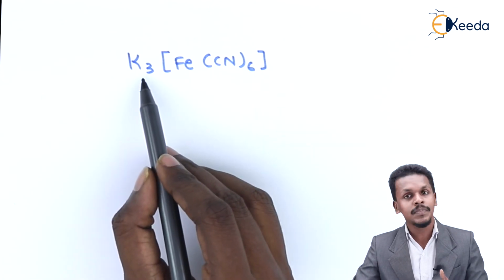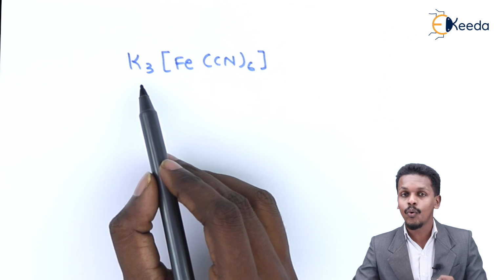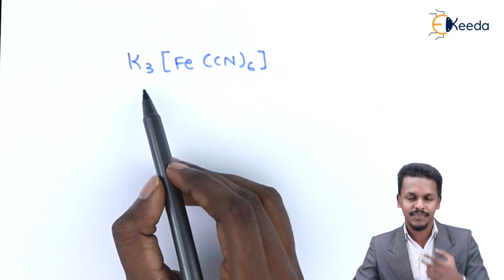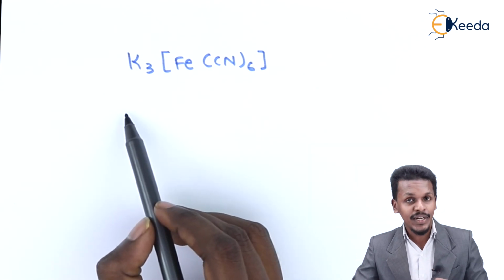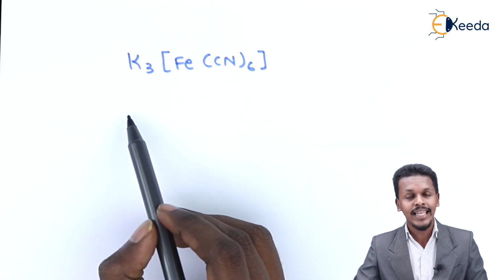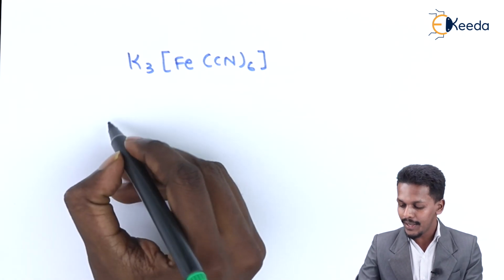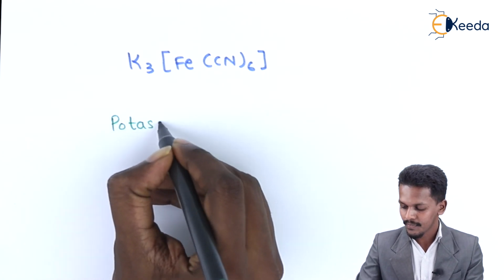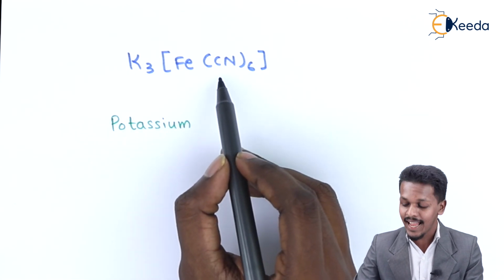But the potassium ions are 3 in number, but we have to give only one name, that is potassium only. So therefore we'll name it as potassium, and then we'll come back to this complex anion.